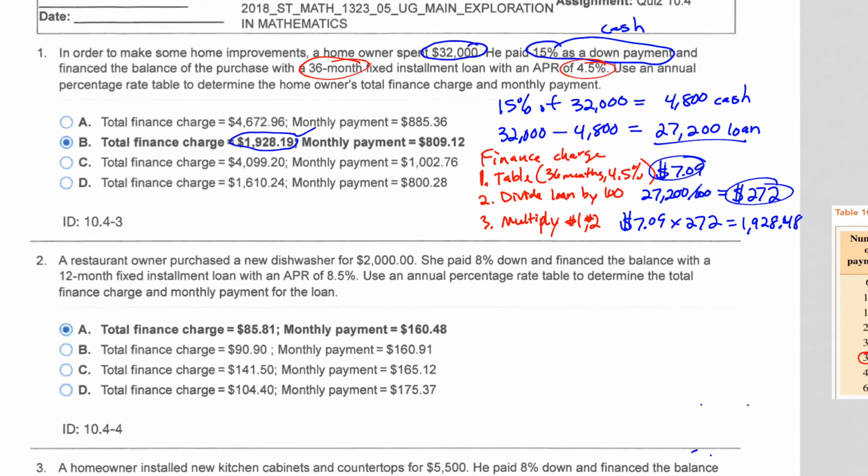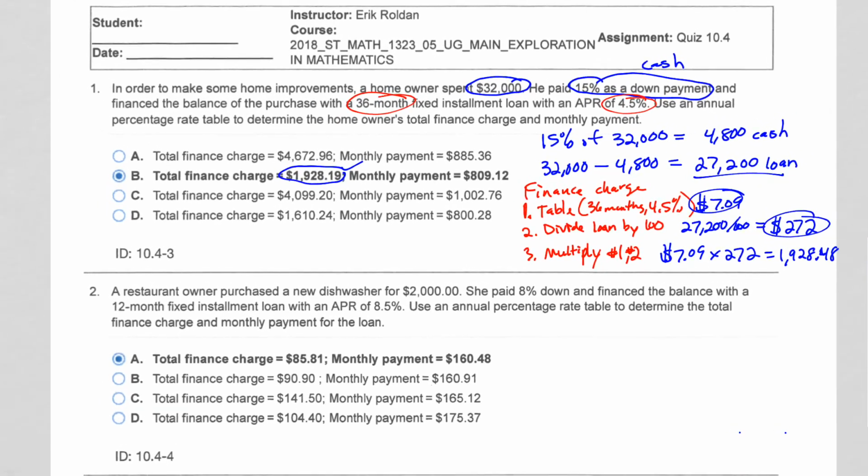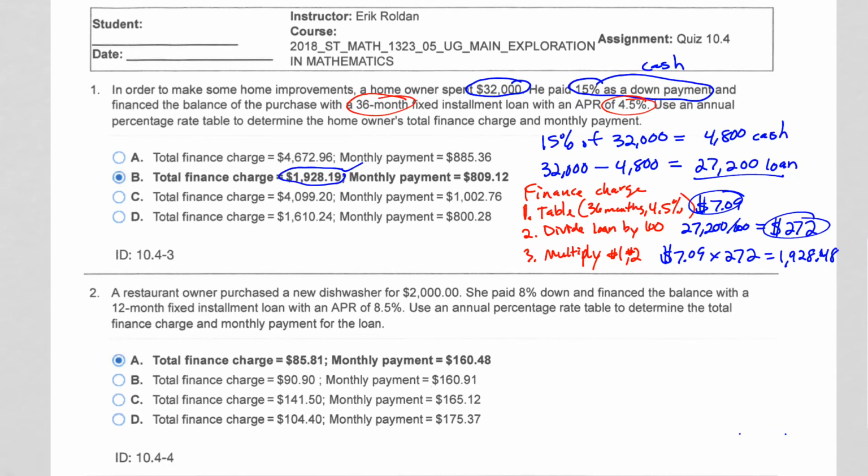I think it's because the textbook is using the big formula, and the big formula is going to be more precise. So I'm not really sure.